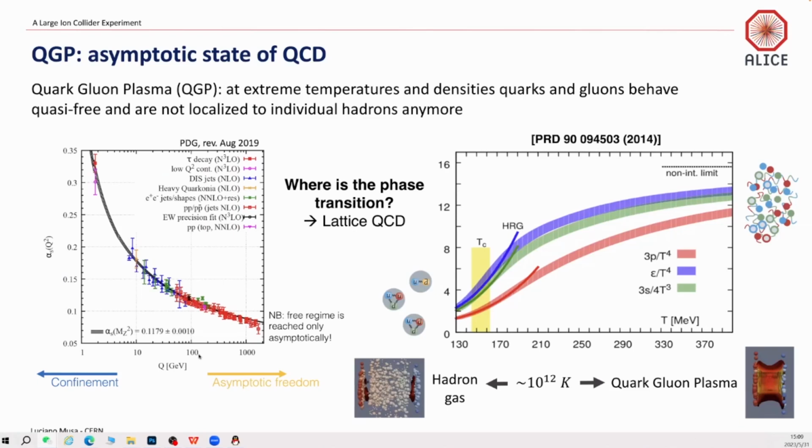While when moving to interactions involving low momentum processes, also when we try to describe the properties of a system which consists of a relatively large number of strongly interacting particles, perturbative QCD cannot be used. On the other hand, this is the regime of QCD which is particularly important because it's exactly at that regime that the phenomenon of confinement is observed.